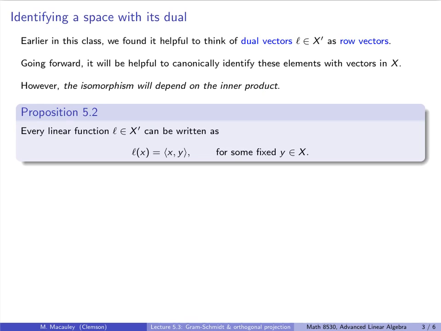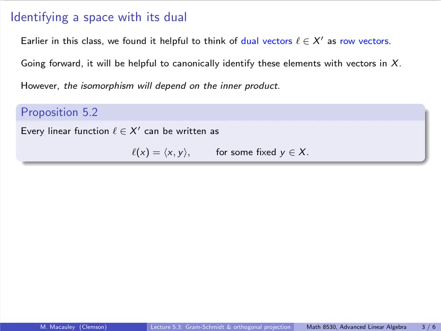Here is the proper generalization of my claim that we can think of dual vectors as row vectors in a general inner product space. So every linear scalar function L can be written as an inner product of the input vector X with some fixed Y.